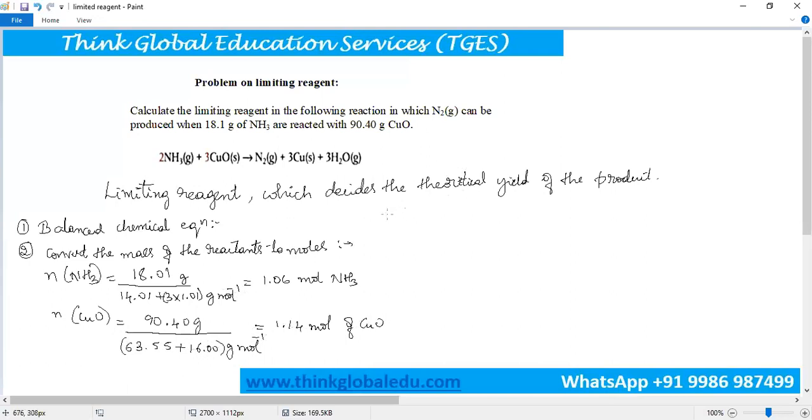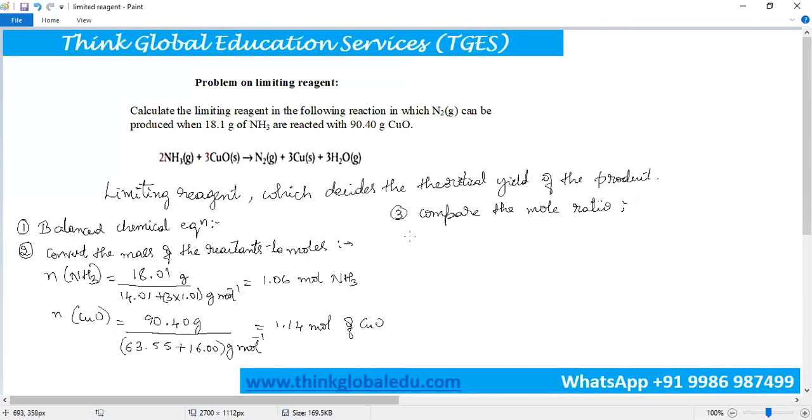The third step is to compare the mole ratios. Compare the mole ratios obtained from the given mass and the theoretical calculations.